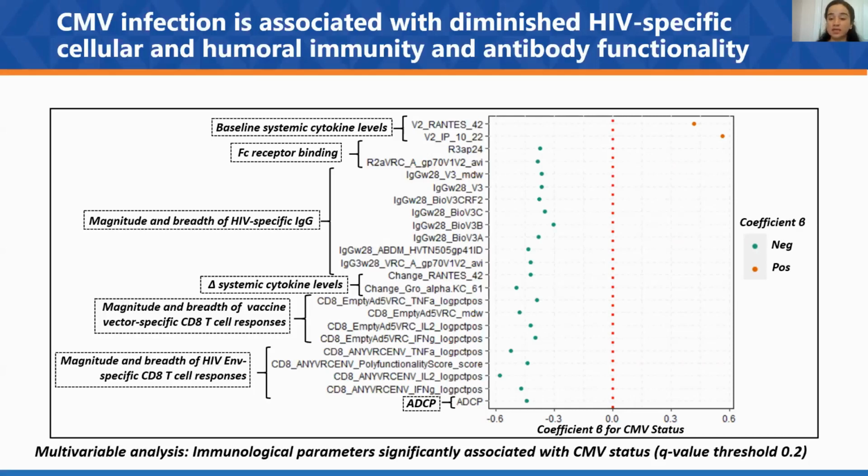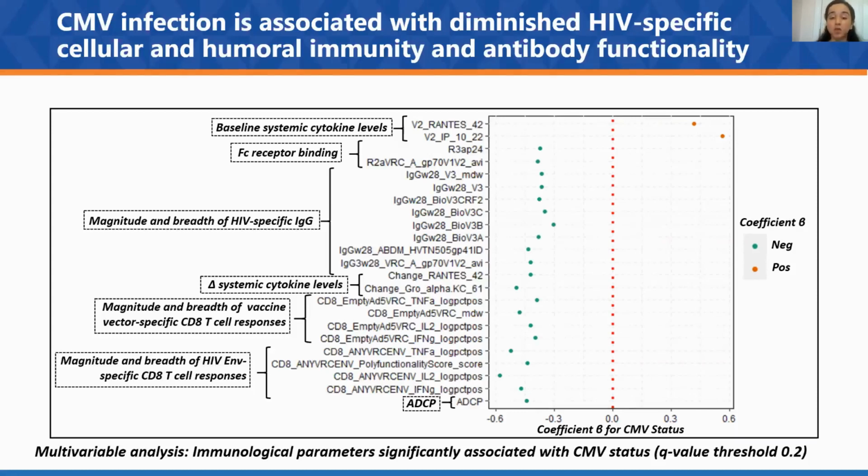This includes baseline systemic cytokine levels, Fc receptor binding, magnitude and breadth of HIV-specific IgG. There was a delta value of systemic cytokine levels as well, which is basically the change between post-vaccination and pre-vaccination, magnitude and breadth of vaccine vector-specific CD8 T-cell responses, magnitude and breadth of HIV-specific CD8 T-cell responses, and ADCP scores as well.